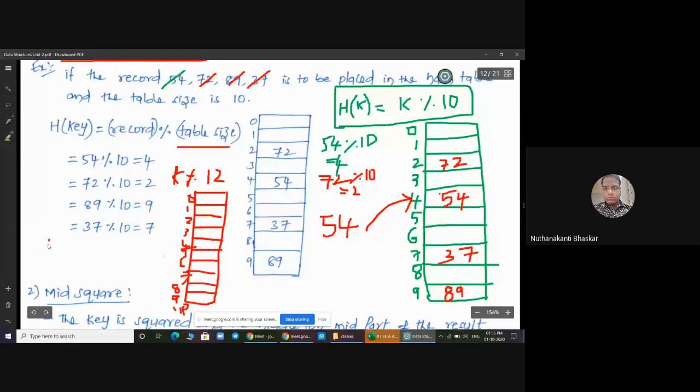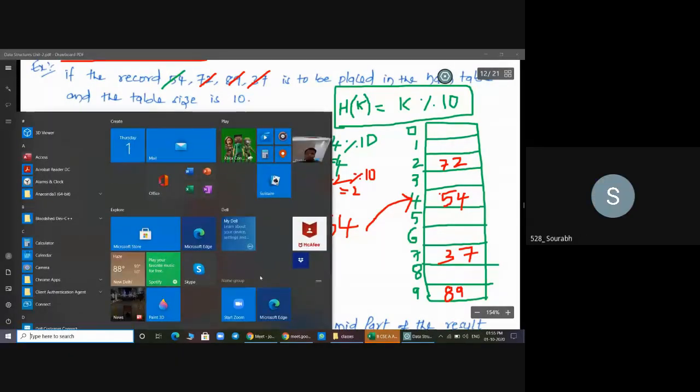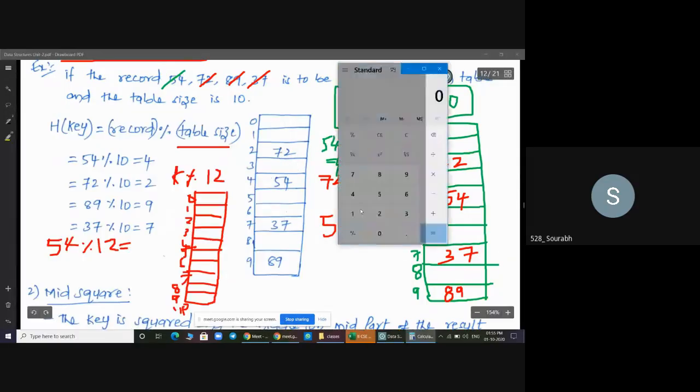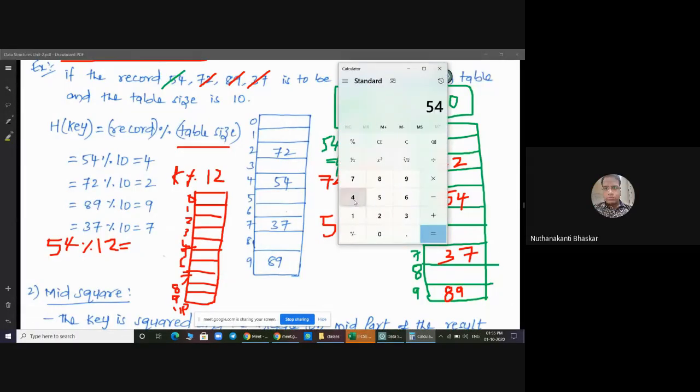54. Now what happened? 54 modulo 12. What is the output? Tell me. This study is very easy. Come to 54 modulo 12, what is the value? We want the remainder, right?